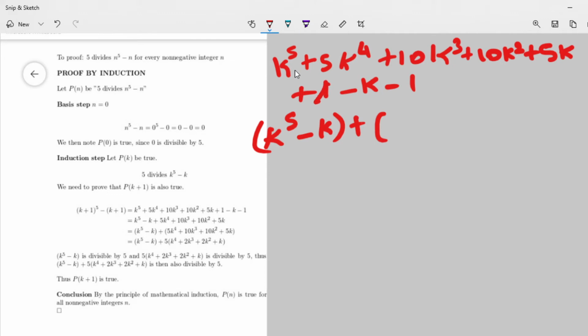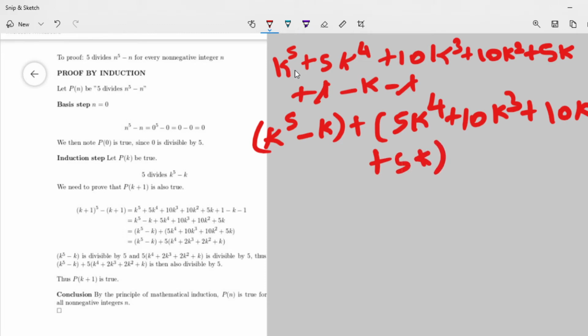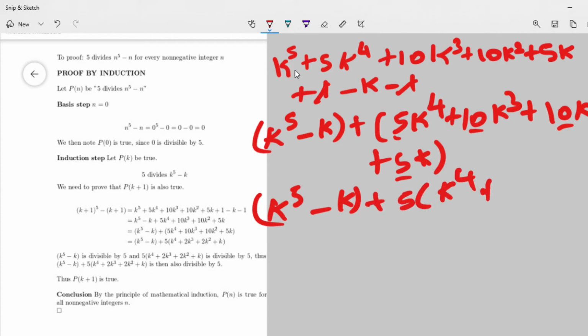Plus 1 and minus 1 will be cancelled. So what are the other things? 5k^4 plus 10k^3 plus 10k^2 plus 5k. I am taking 5 as common here. So k^5 minus k plus 5 times (k^4 plus 2k^3 plus 2k^2 plus k).